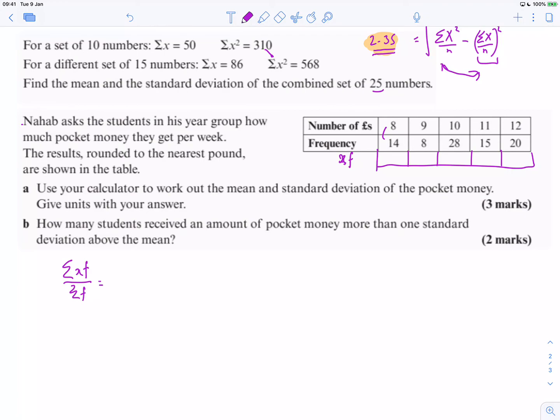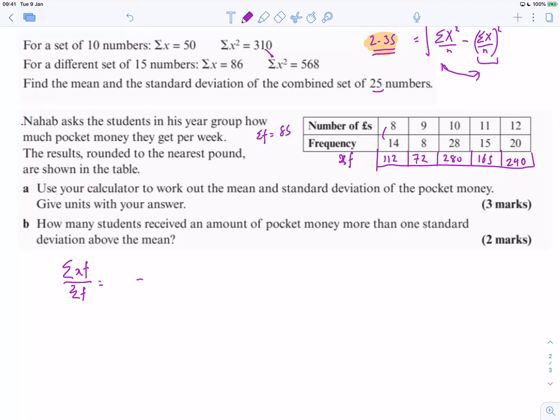So 8 times 14 will give 112, 9 times 8 is 72, 10 times 28 is 280, 11 times 15 is 165, and 12 times 20 is 240. The total frequency is 14 plus 8 plus 28 plus 15 plus 20, so the sum of f is 85.